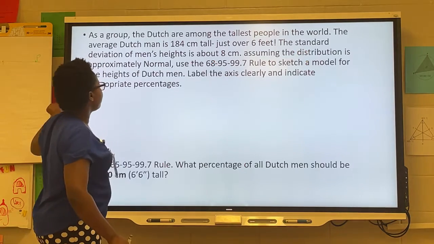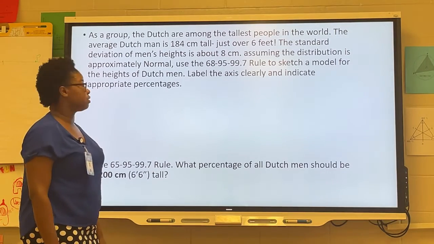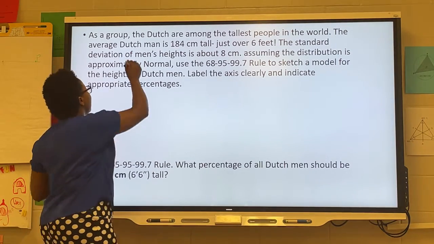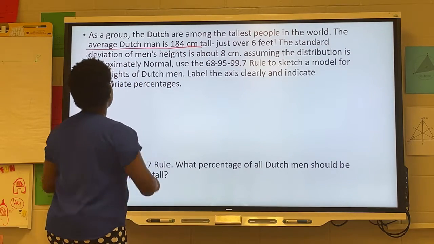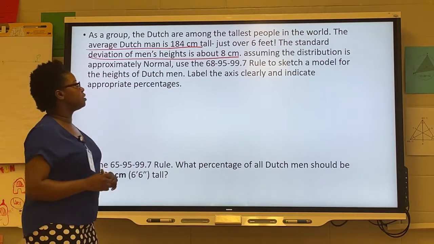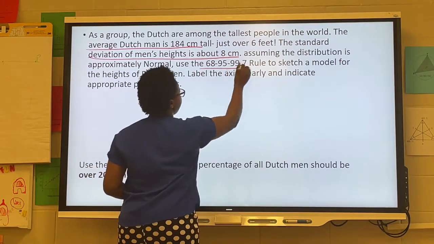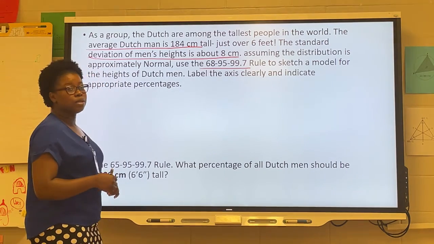So we have a question right here that says, in your case it will be degrees Celsius, right? So I say a Dutchman has an average height of 184 centimeters with a standard deviation of 8, and you're supposed to use the 68, the 95, and the 99.7% rule, number 1, to do this.